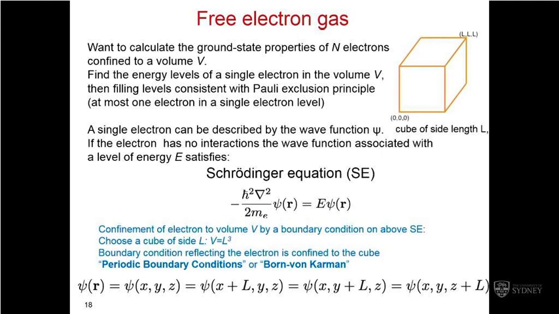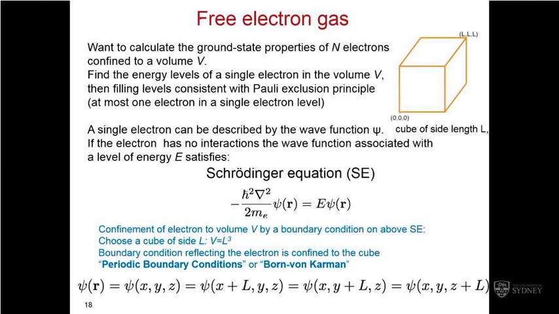L. We are just dealing with one electron here, and the one electron has a wave function psi as usual. And there is our nice simple Schrödinger equation, and we have boundary conditions on our wave function.